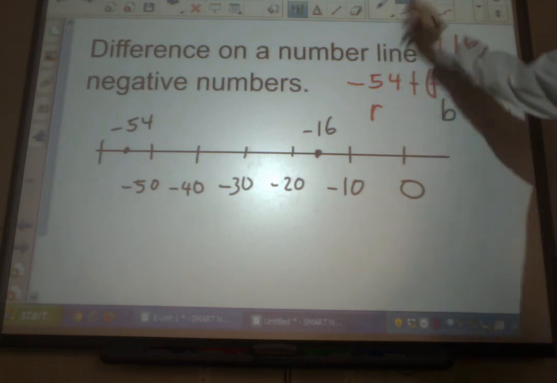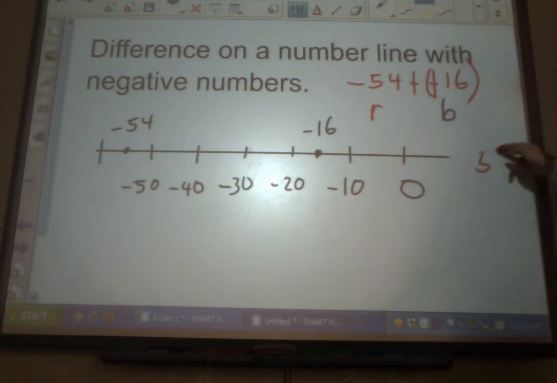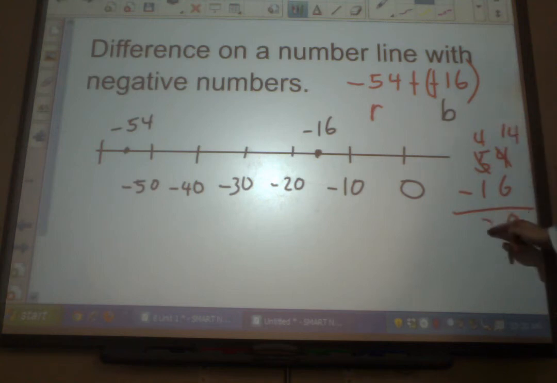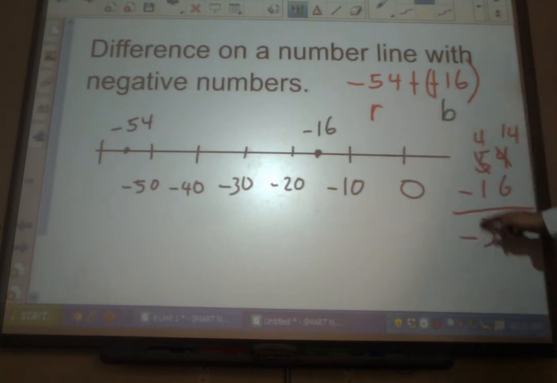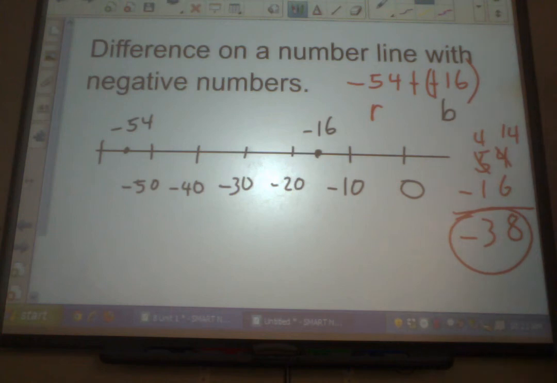So let's take 54 minus 16. 38. Remember, the bigger of these two is the red, which is negative, so our answer is also going to be negative 38.